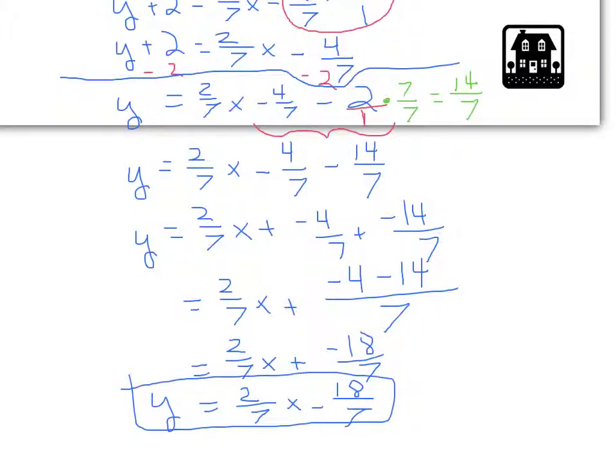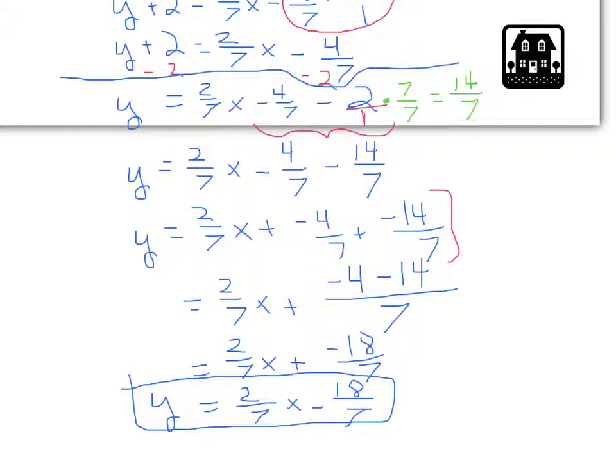Now I want to go back for a minute to what I did right here, because people always get confused about this. Why did I change a minus to a plus? And so let me show you that.